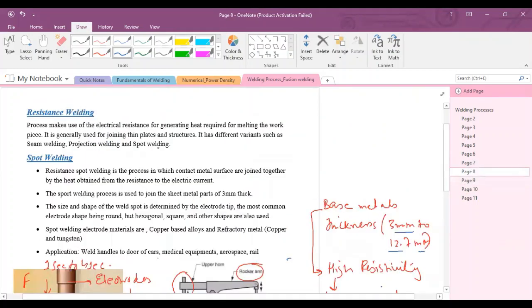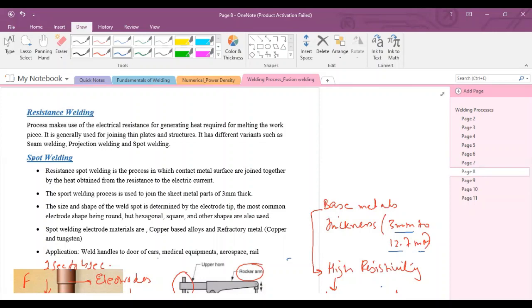Spot welding is highly used in the automobile industry. I will go back to the spot welding. Spot welding applications are highly used in the automobile industry. Normally in Honda, Atlas Honda, bike assemblies or bike frames are spot welded. Spot welding has a very big application in making the frame of the aerospace or airplane bodies.